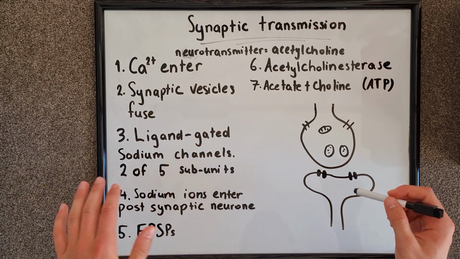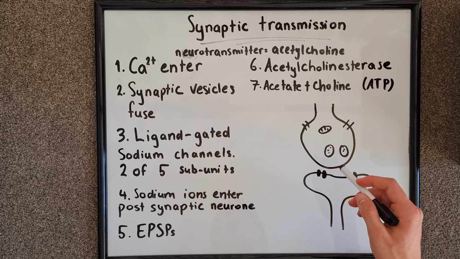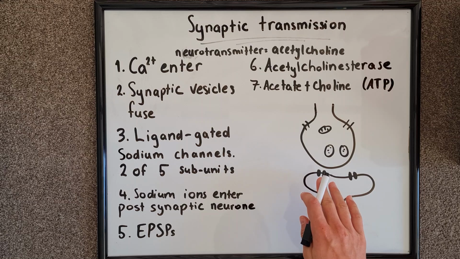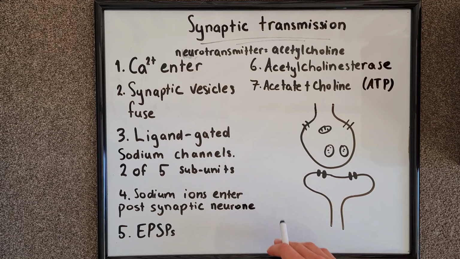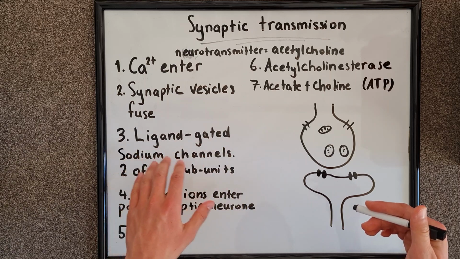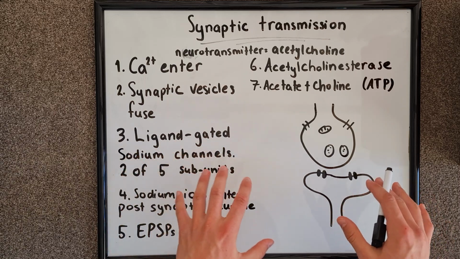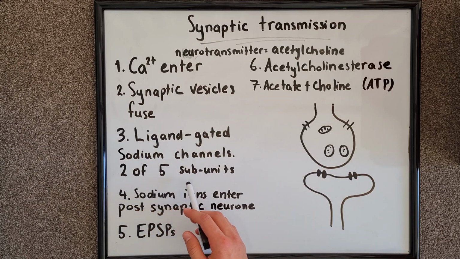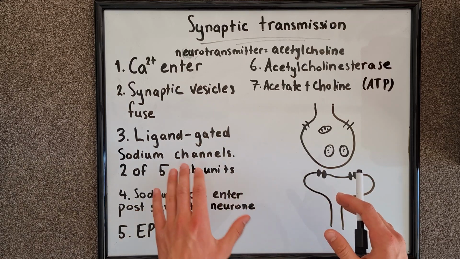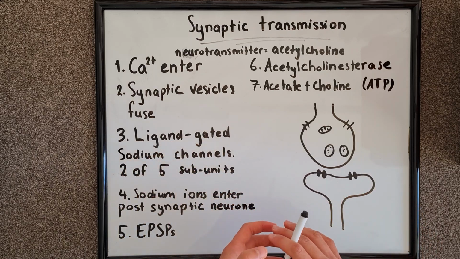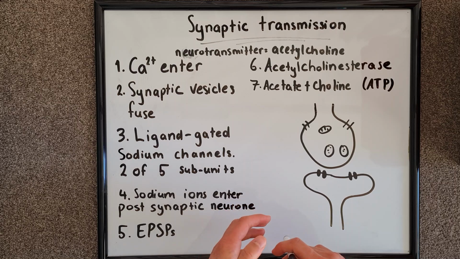Now the acetylcholine molecules will bind to the ligand-gated sodium channels, which are closed at the moment. Two of the 5 protein subunits that make up these ligand-gated sodium channels must be bound to by an acetylcholine molecule.